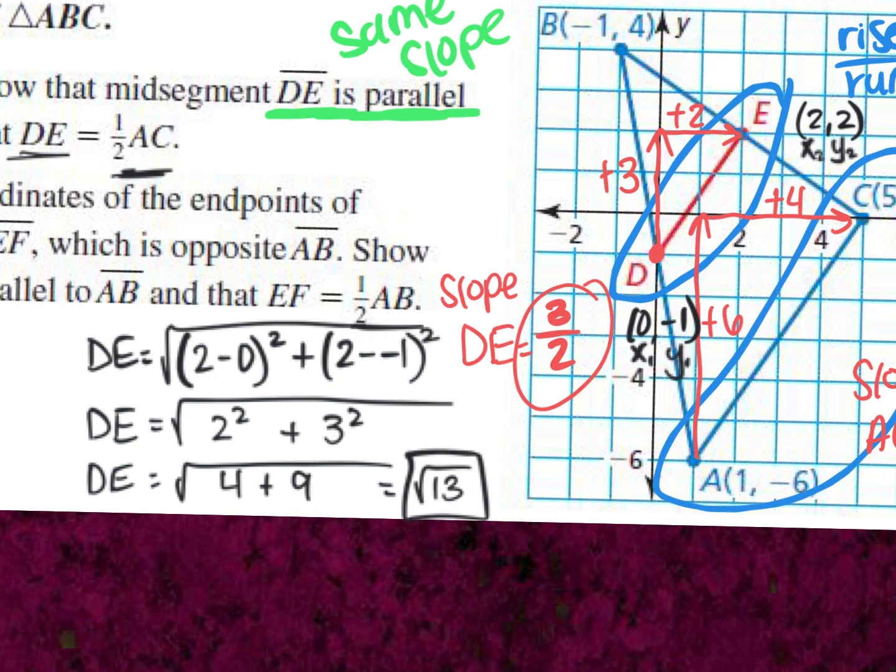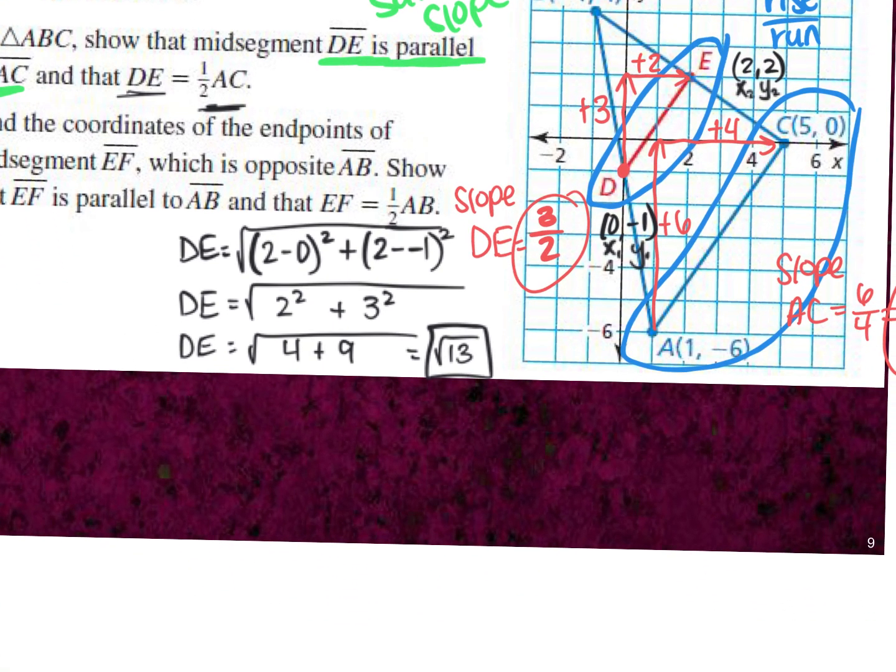All right, and then let's do the same thing, but let's do it for AC. AC is equal to the square root. I'll make A my x1 and my y1, and then C will be my x2 and my y2. So then I do x2, which is 5, minus x1, which is 1, squared, plus y2, which is 0, minus y1, which is negative 6.